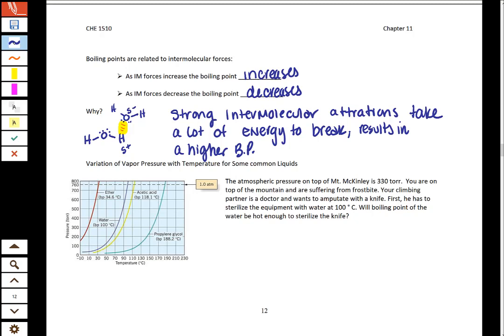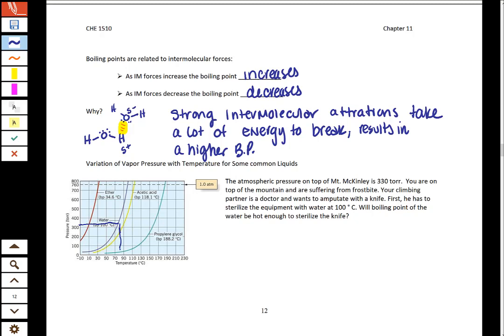And so let's look at our graph and see if we can get the boiling water on Mount McKinley to be 100 degrees Celsius. So let's sneak over to the y-axis and find 330-ish. So maybe it's about there. We come over, we hit water. That's not a very straight line, but who cares? And holy moly, would you look at that.